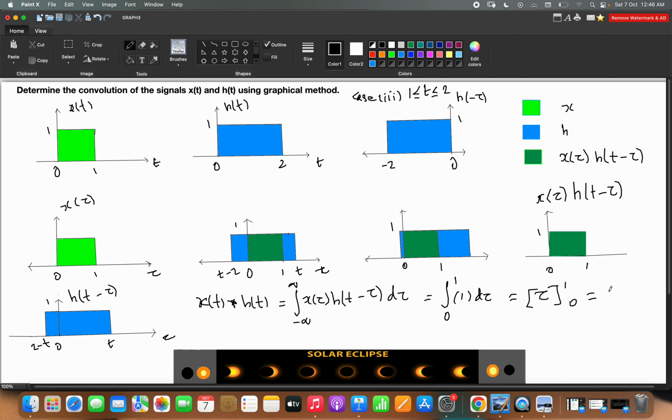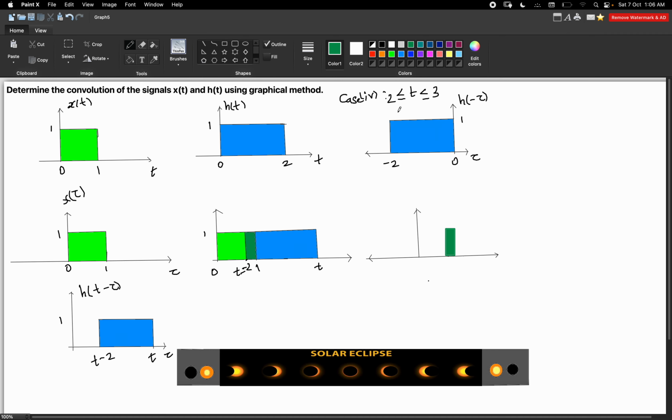After substituting the upper limit and lower limit, 1 minus 0, the final result is equal to 1. If you relate this case to the phases of a solar eclipse, then the corresponding phase is the totality phase. That is, the entire moon is covering the sun.